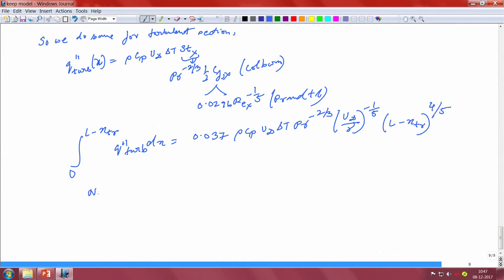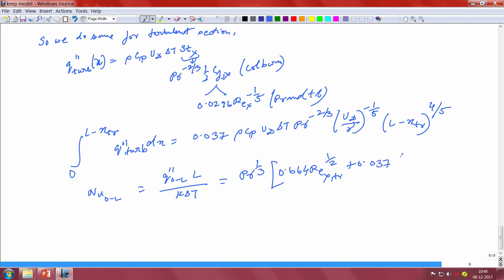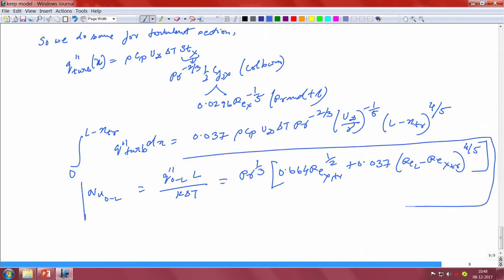So, in conclusion, your Nusselt number from 0 to L is basically given as Q 0 to L double prime L by K into delta T, which will be Prandtl 1/3 times 0.664 Reynolds transition to the power of half plus 0.037 Reynolds number L minus Reynolds number XTR to the power of 4/5, right. So, this gives you the total expression for your Nusselt number.